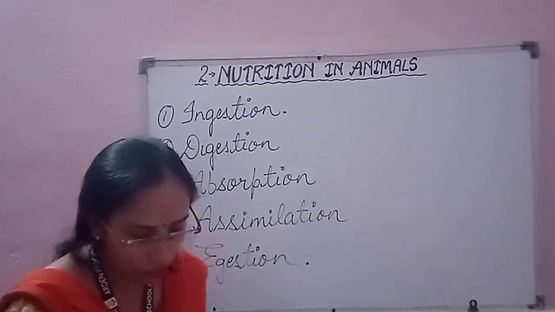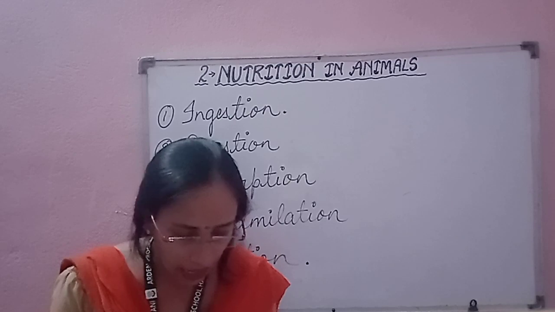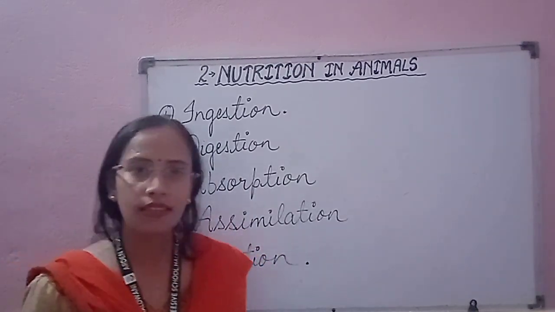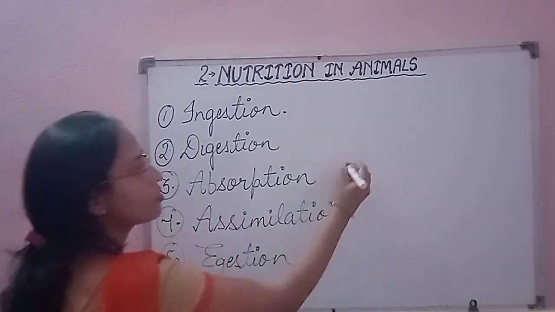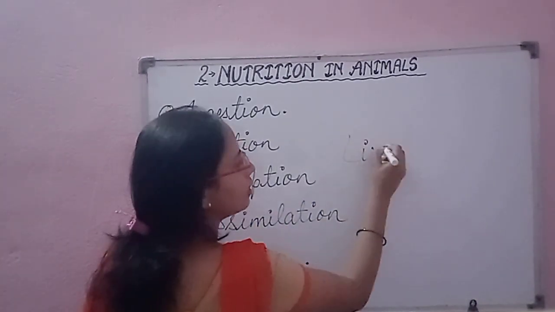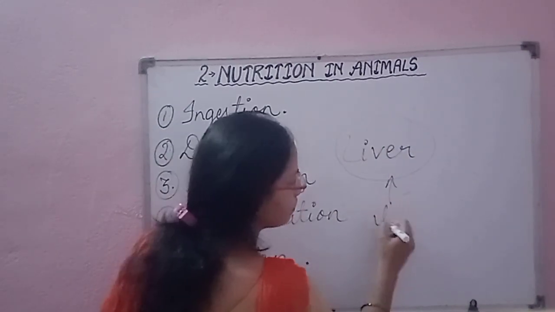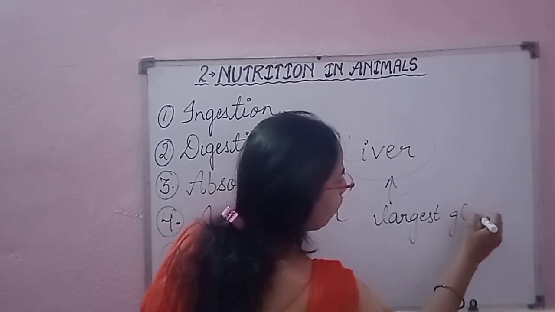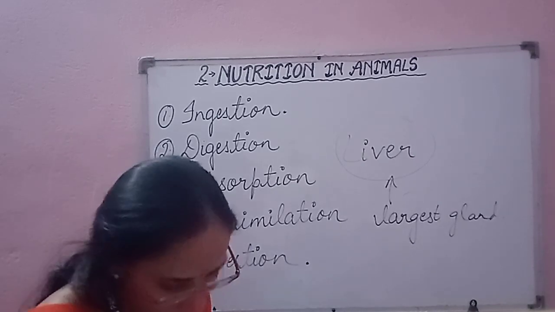Now the second question: the largest gland in the human body is... What is the largest gland of the human body? That is the liver. So the answer is liver. Liver is the largest gland. Now the third fill in the blanks.